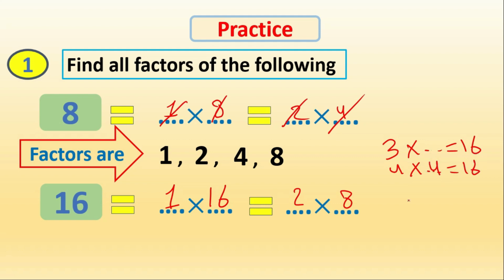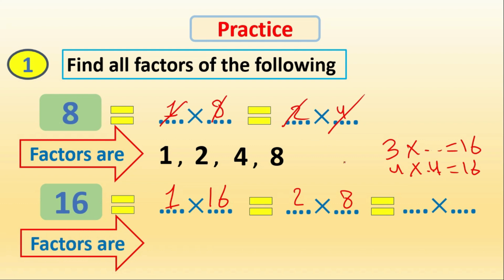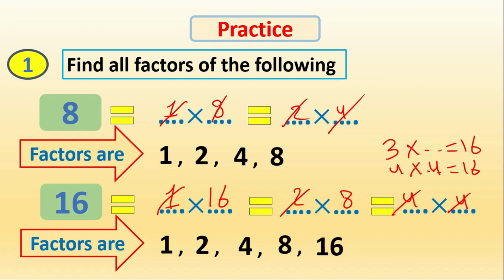Yes, 4 times 4. So now the factor pairs are 1 and 16, 2 and 8, and 4 and 4. Write 4 only once. Don't repeat any number. The factors are 1, 2, 4, 8, and 16.